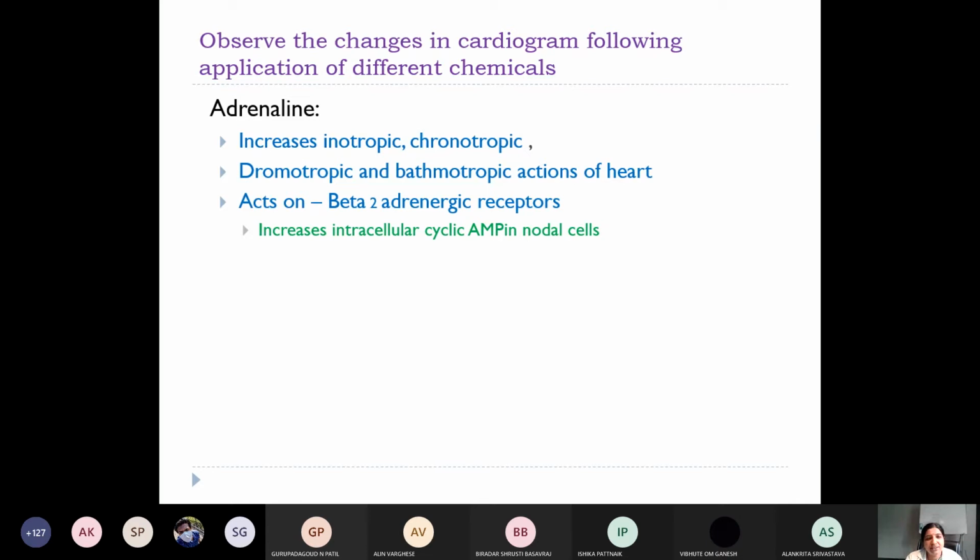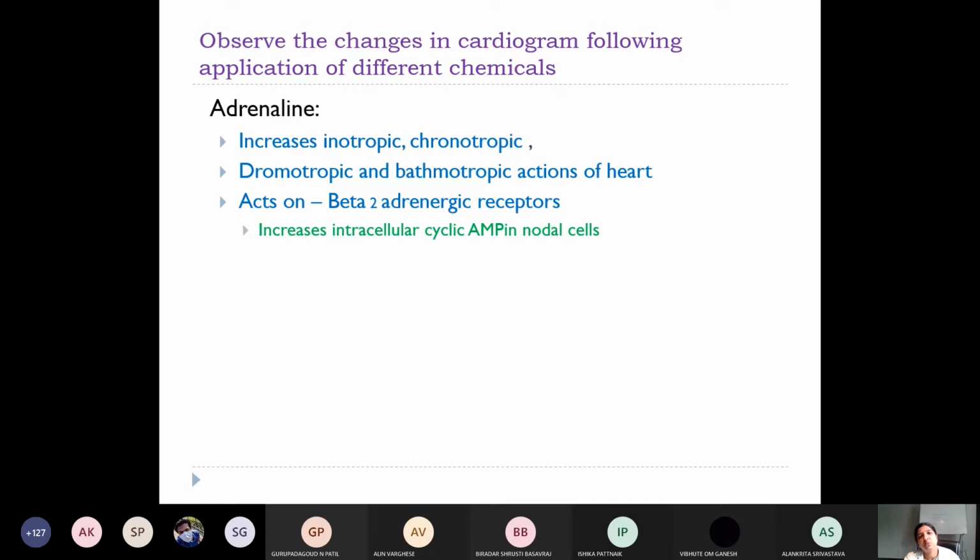You should know the meaning of each one, which means increase in heart rate, increase in force of contraction, increase in conduction, and increase in excitability. These are the four important components of the heart muscle which increase whenever you stimulate sympathetic or give adrenaline supplementation, right? How is this brought about, the physiological basis?